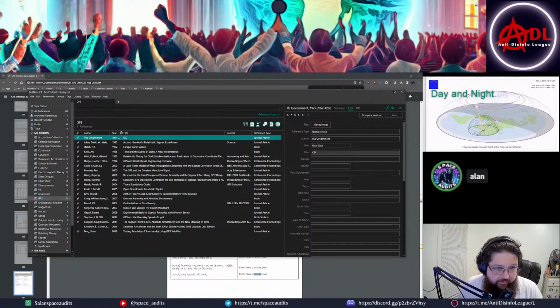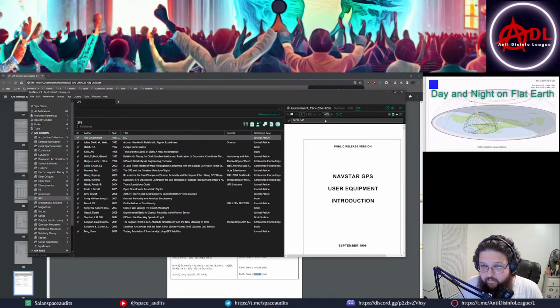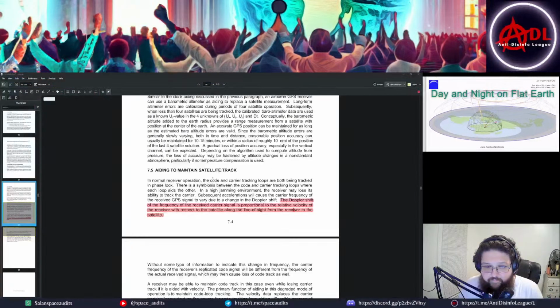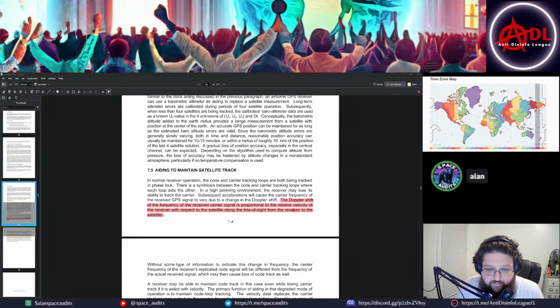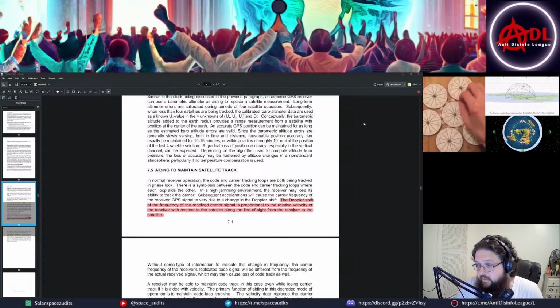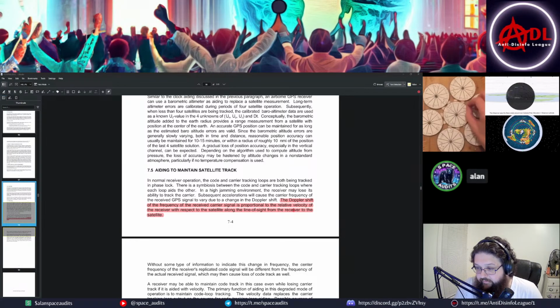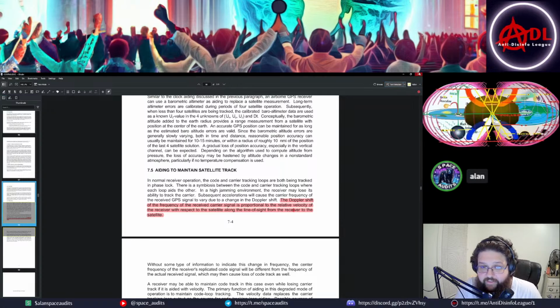I got this one from 96 where they say the Doppler shift of the frequency of the receiver carrier signal is proportional to the relative velocity of the receiver with respect to the satellite along the line of sight from the receiver to the satellite.